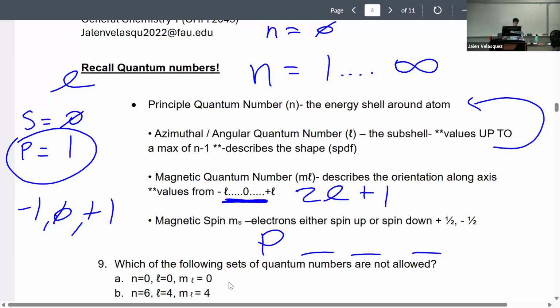We have 3 digits, 1, 2, 3. That means we have 3 orientations. Okay. You can also get that by doing this equation. So if you do 2 times L plus 1, so again using the p, 2 times 1 plus 1 is equal to 3. This means 3 orientations, right?